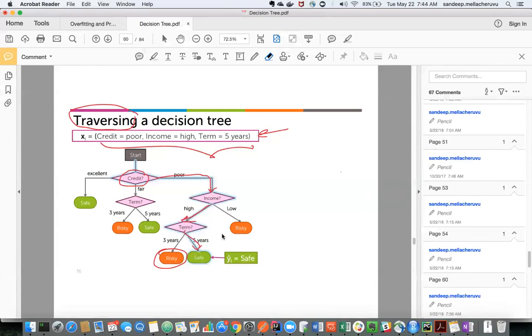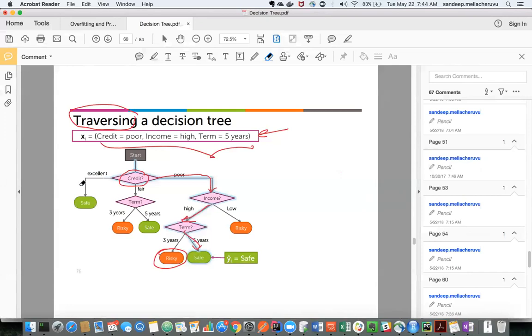Yes, Sandeep. You can inspect each and everything that's going on in the algorithm. If someone comes and asks, why am I not approved for a loan? You can clearly explain these are the rules that we are following. It's nothing but a set of rules, right? When credit equals poor and income equals high and term is less than 3 years, I define you as a risky loan.